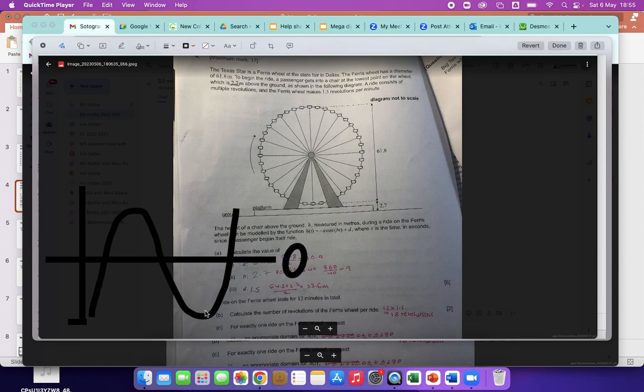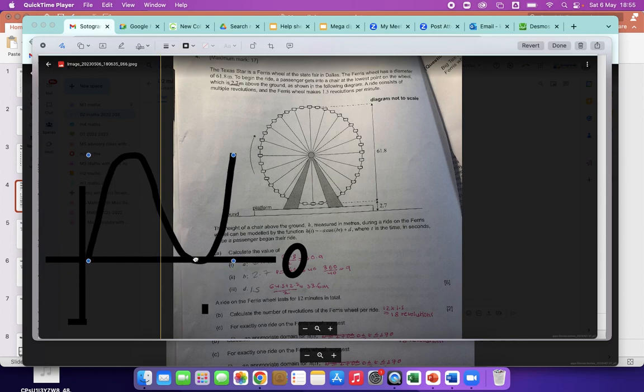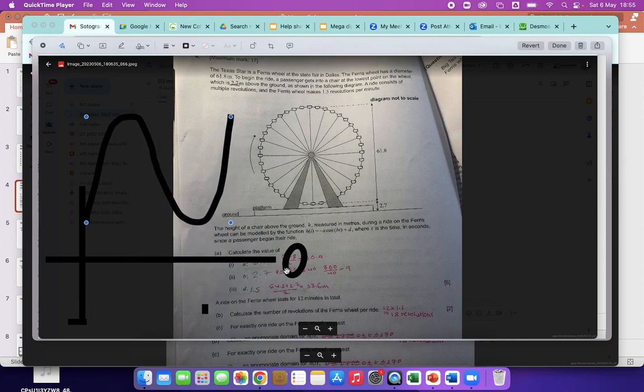Now this particular cos function is going to be moved up. So instead of being at 0, we've got a new function now, and we need to find out what this new 0 is. What's the new kind of midpoint of this graph?